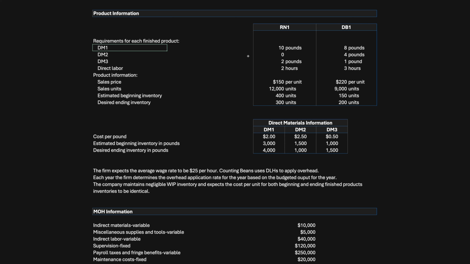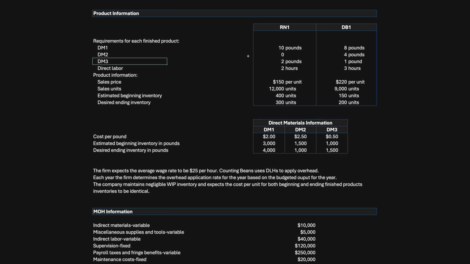So we've got Direct Material 1, which is a very specific type of bean, and the Real Nice product requires 10 pounds of it. The DaBomb product requires 8 pounds of it. The next bean is Direct Material 2, or the second type of bean. There's none required for the Real Nice product. There are 4 pounds required for the DB1 product.